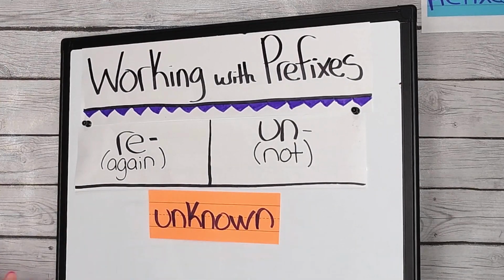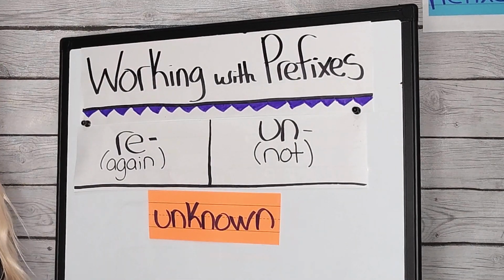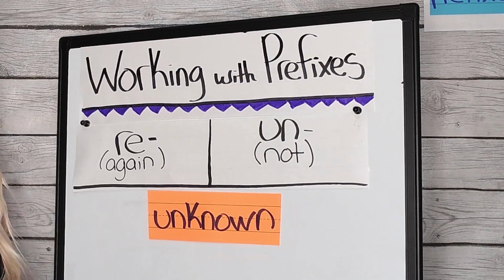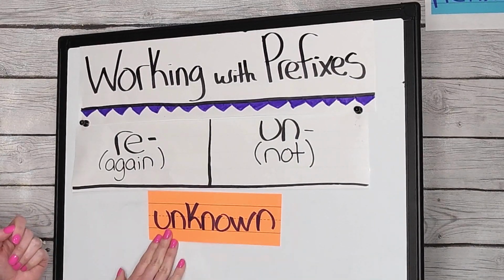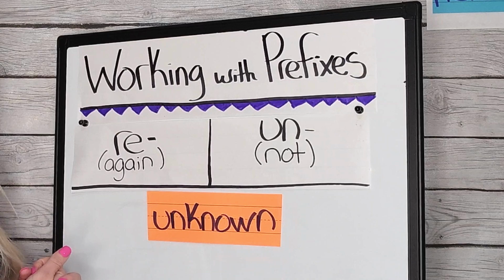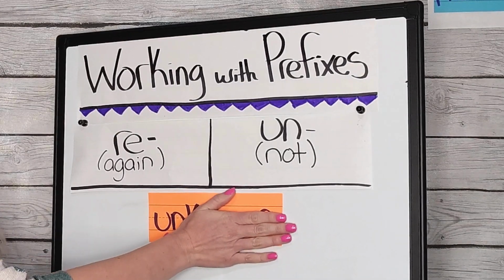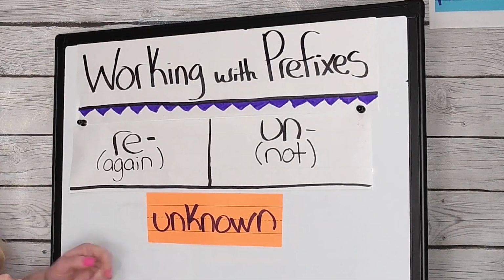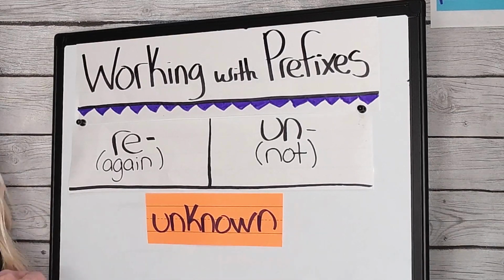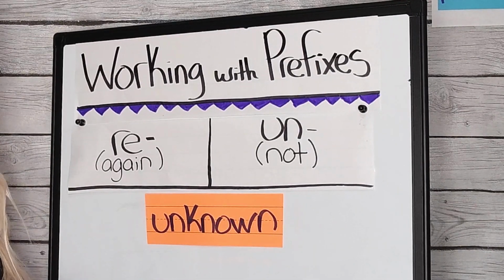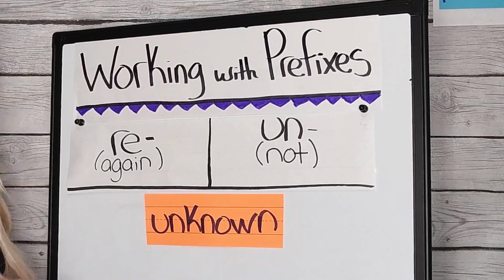Here's our first word. Can you try reading that word to yourself? We can break this word up into our prefix and then our base word. When I look at my prefix, I can read that as un. When I look at my base word, I can read that as known. This word is unknown.